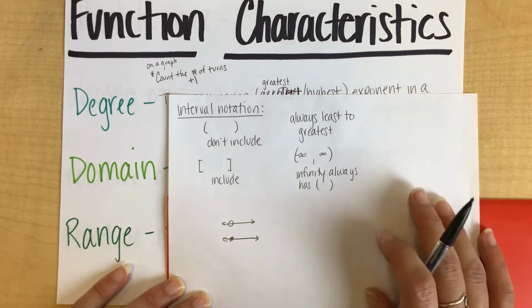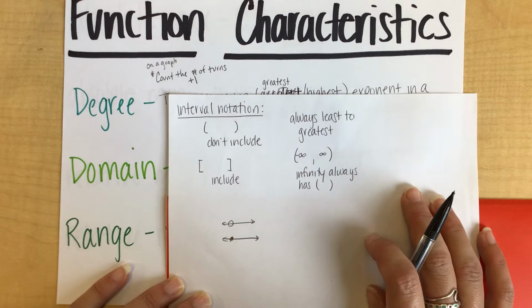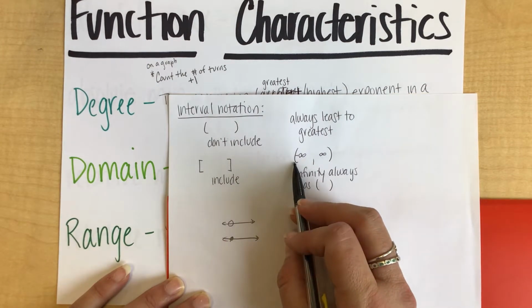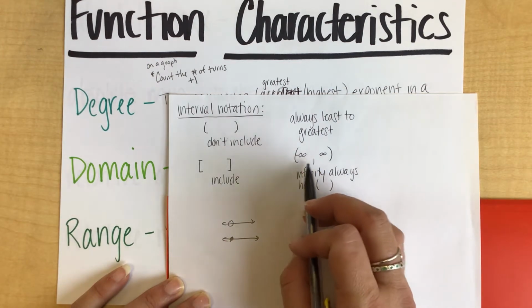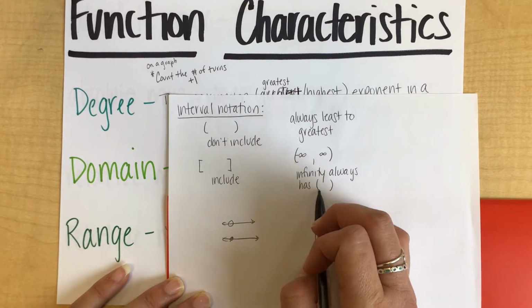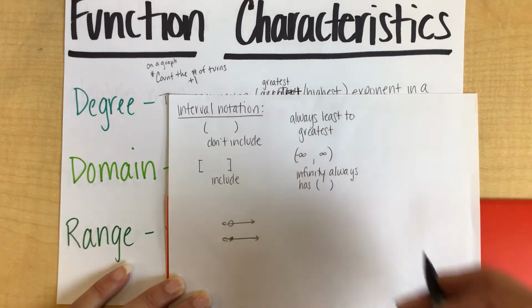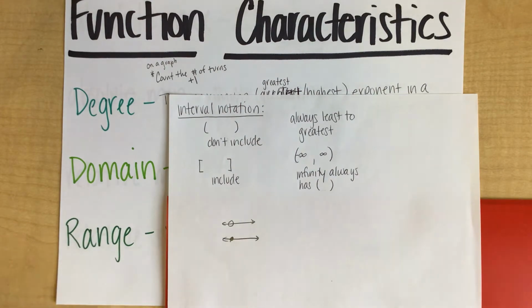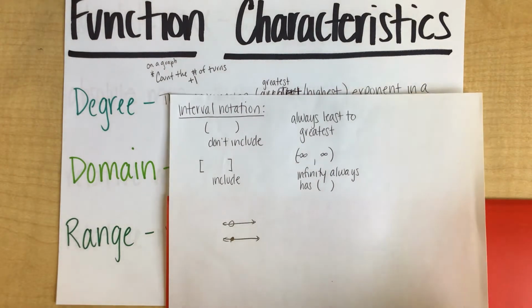Now, because infinity is not an actual number, it's just an idea that it goes on forever and ever, you can't include infinity. So that's why we use parentheses anytime we're using an infinity sign. So infinity always has the parentheses, okay? And again, we're going to be doing a bunch of examples, so you'll see how this works.